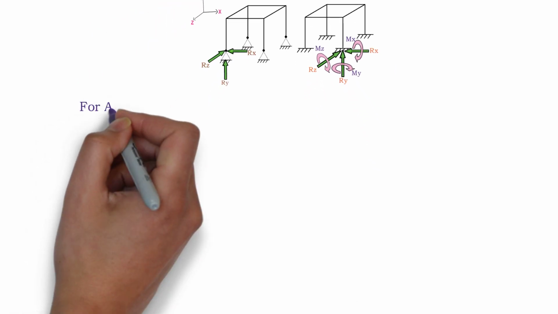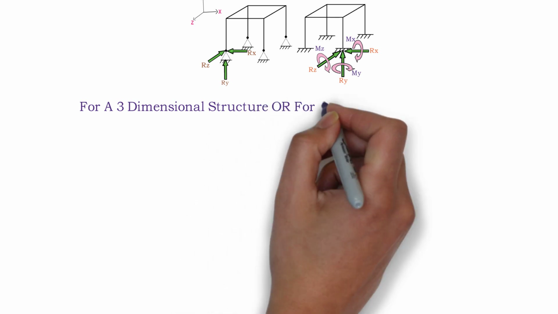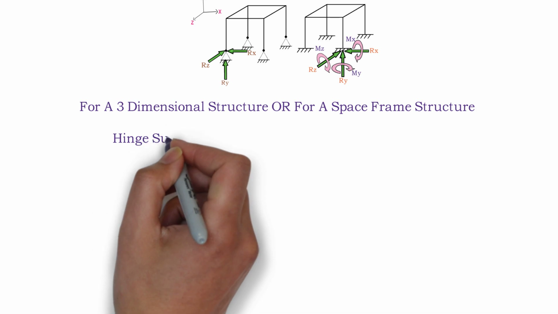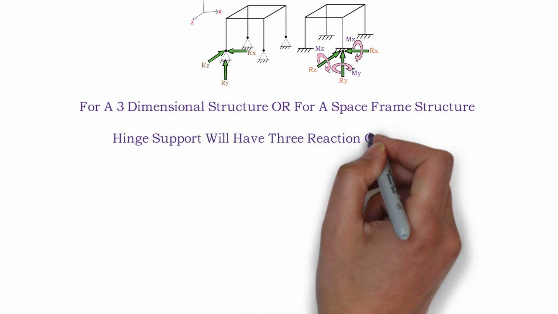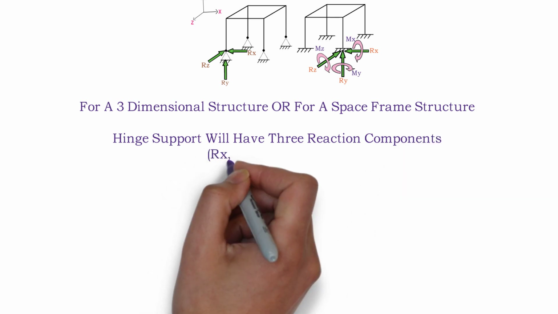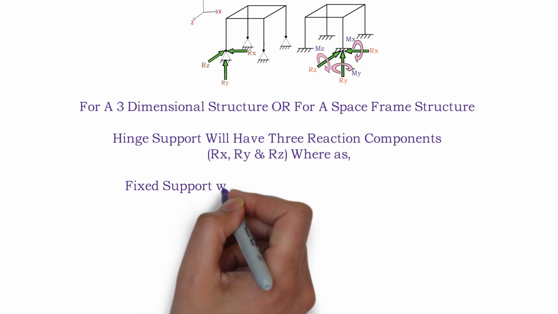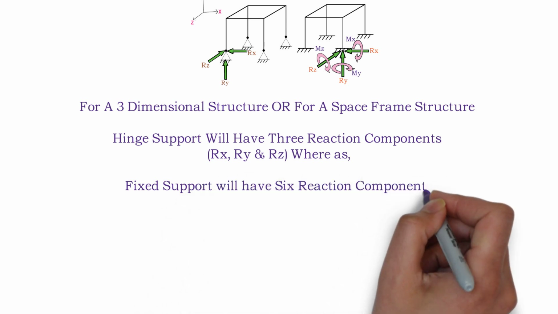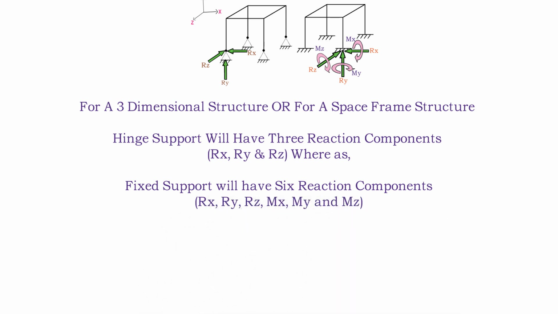So we can summarize that for a three-dimensional structure or a space frame structure, hinge support will have three reaction components Rx, Ry and Rz, whereas fixed support will have six reaction components Rx, Ry, Rz, Mx, My and Mz.